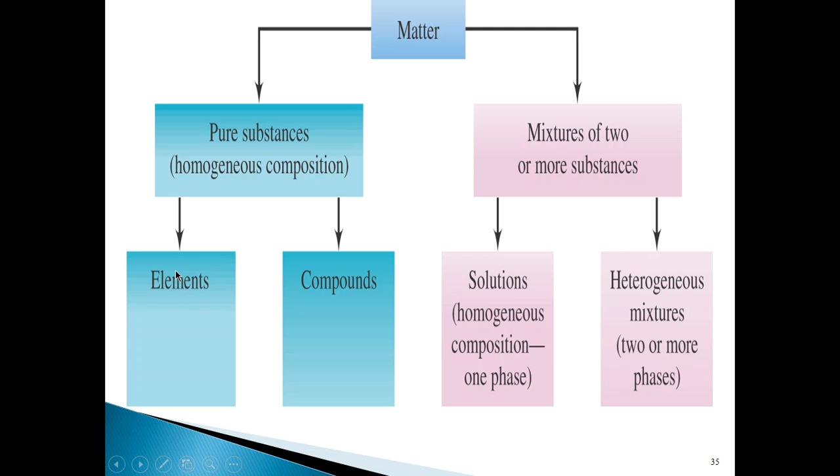Elements are substances which cannot be broken down into simpler substances by chemical means, while compounds can be broken down into simpler substances by chemical means. As far as mixtures are concerned, there are two types: homogeneous mixtures, which are solutions, and heterogeneous mixtures, in which case the two or more components are in different phases.